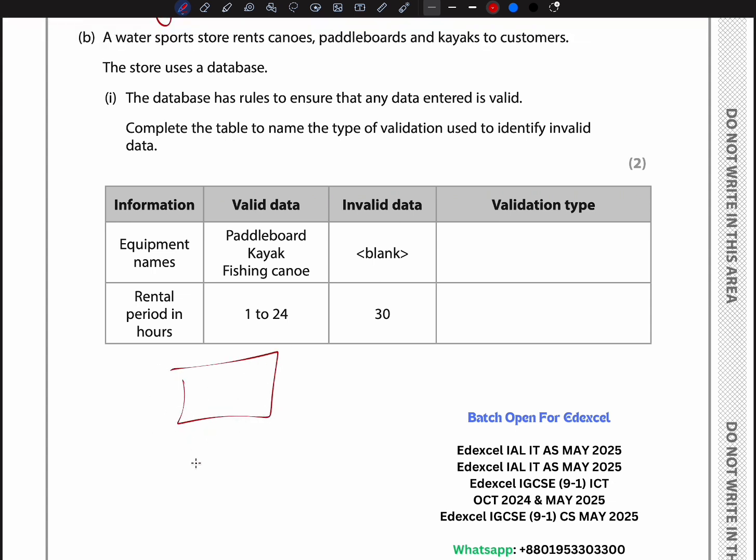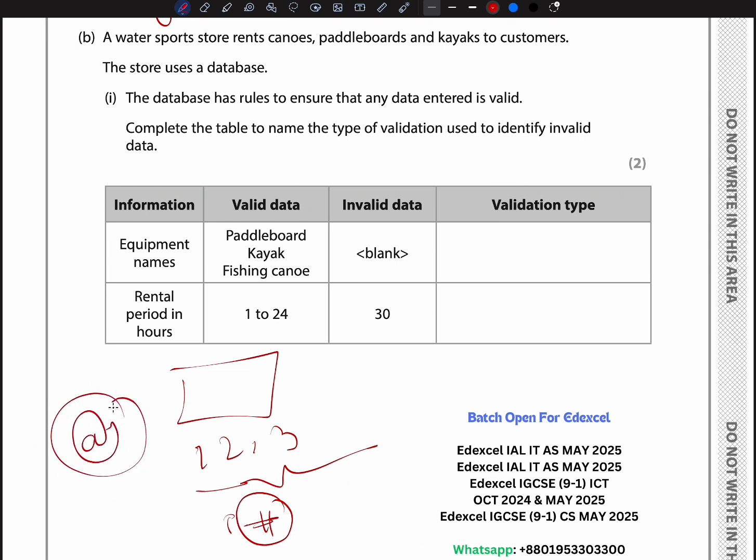Somehow if we enter only numbers as a password, it gives us a sign that the password must include letters and special characters, right? This is one example of validation. Even our email always carries the at symbol, right? If you somehow miss this or the .com, then the validation will tell you that there is some issue with the email address.